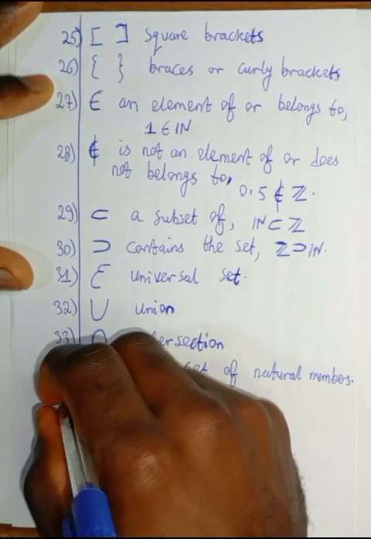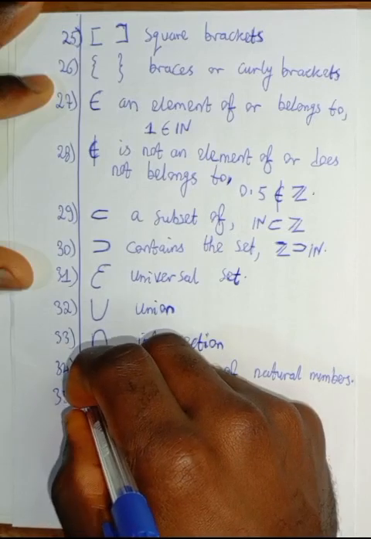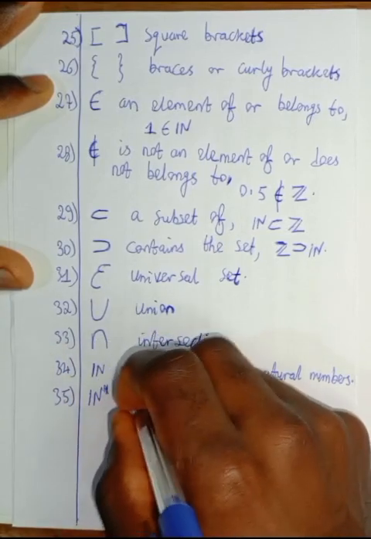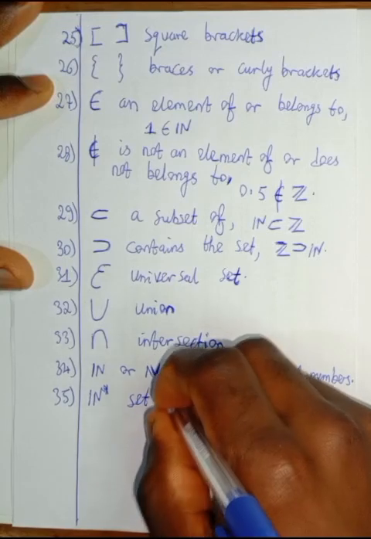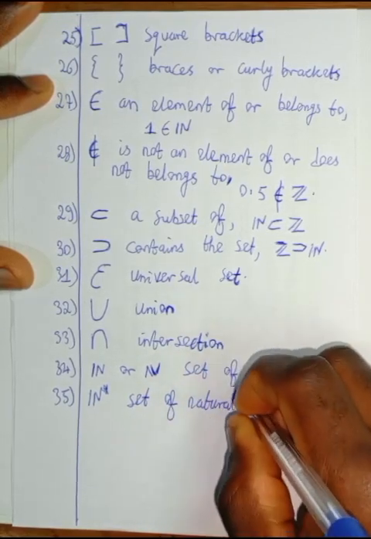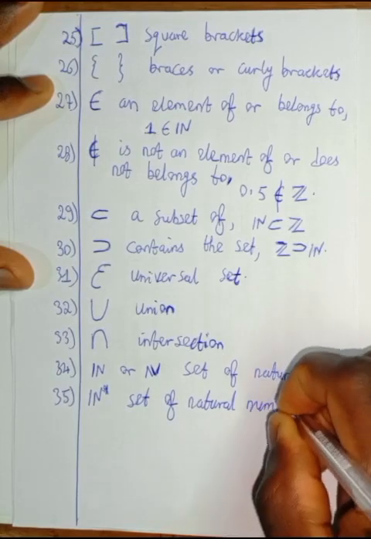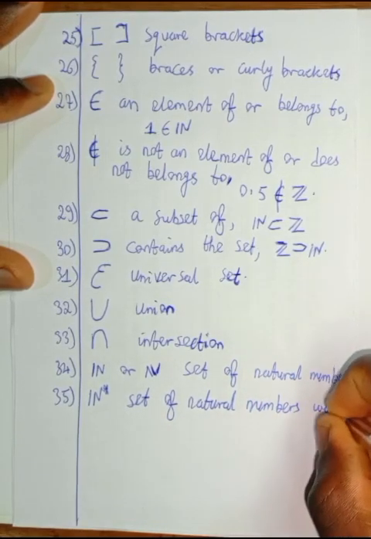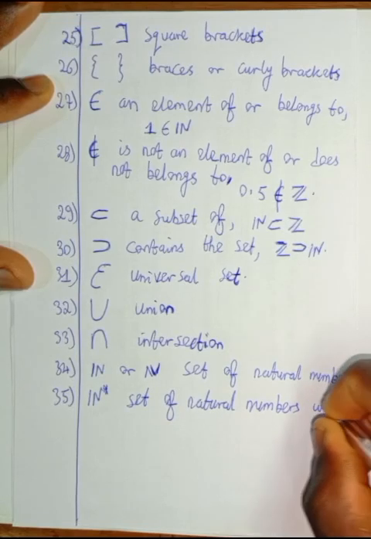We go to 35, we have N star. It is simply the set of natural numbers excluding 0. Set of natural numbers without 0.